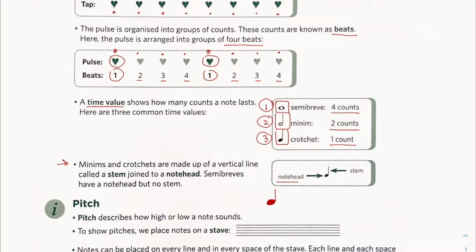So this is the note head. This is the stem. And sometimes you will see this, which we call a tail or a flag. So most notes have both the note head and the stem. The semibreve is the note that has only the note head and no stem.